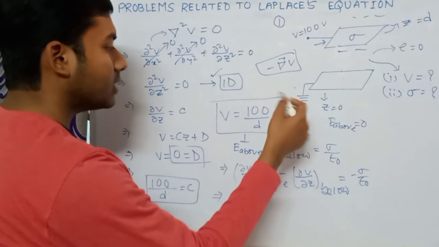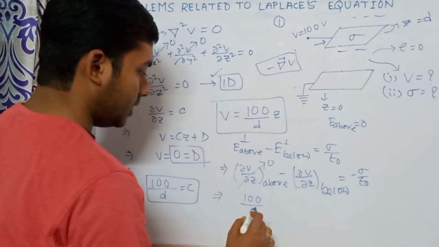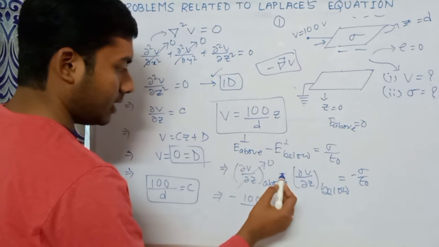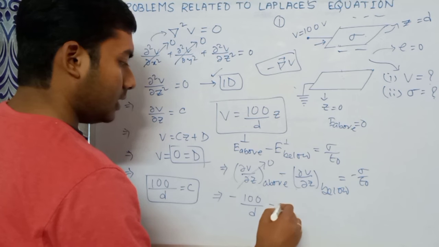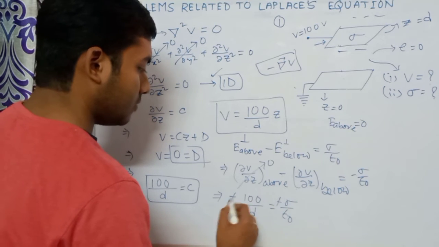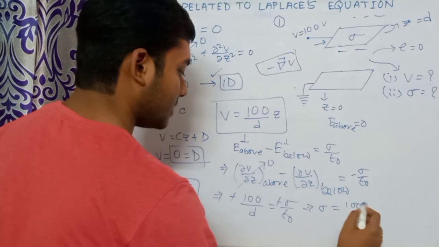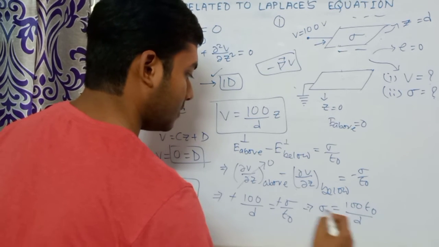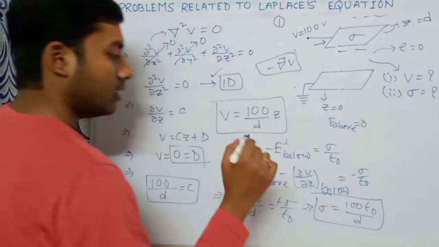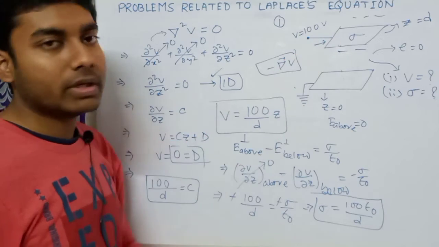So we take the derivative, that means 100 over d with a negative sign here, and this will become sigma over epsilon naught. So the negative signs will cancel out, and sigma will turn out to be 100 epsilon naught over d. So this is the value of sigma for the upper plane.